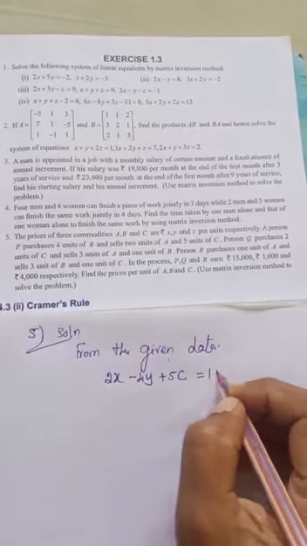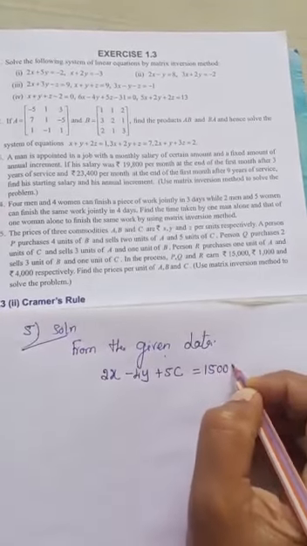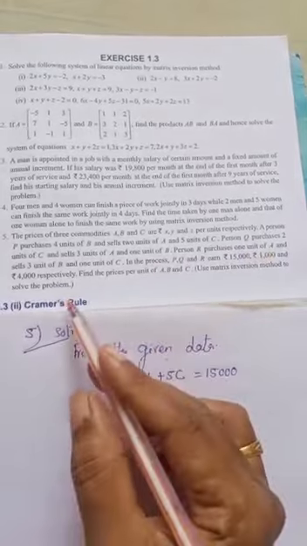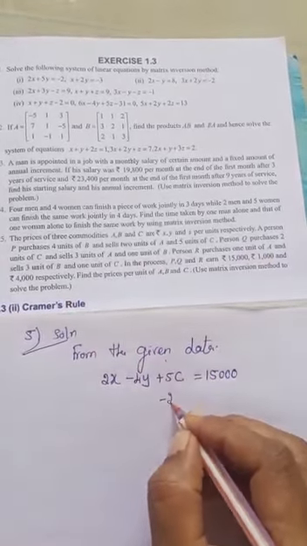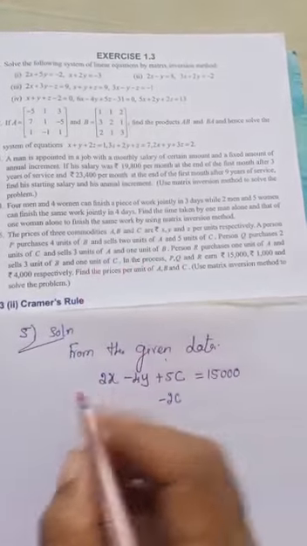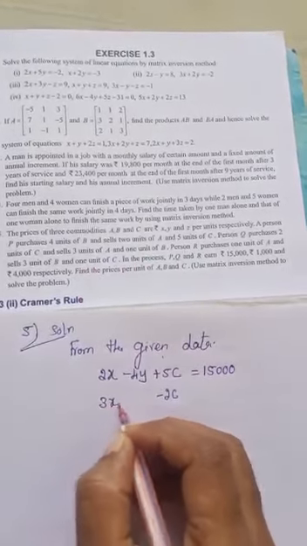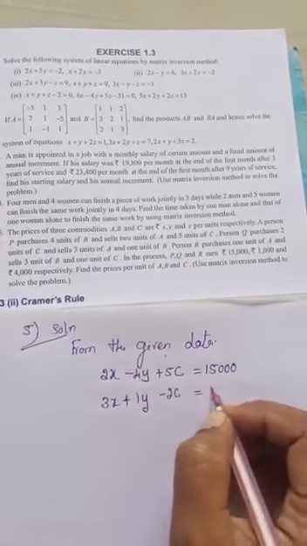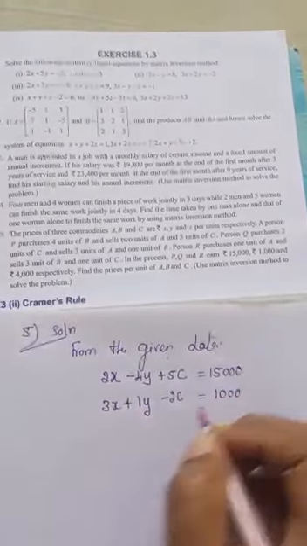And total amount he earns is 15,000. Okay. And person Q purchases 2 units of C, so minus 2Z, and sells 3 units of A and 1 unit of B, 3X plus Y, and his amount is 1000.